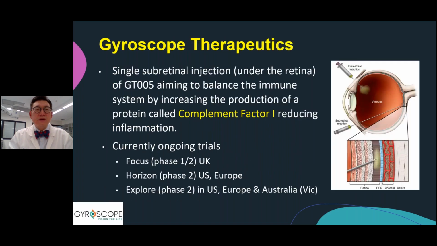This is another treatment, another cell therapy, where we're injecting under the eye a gene product which actually increases what we call complement factor I. This complement factor reduces the inflammation in the eye.